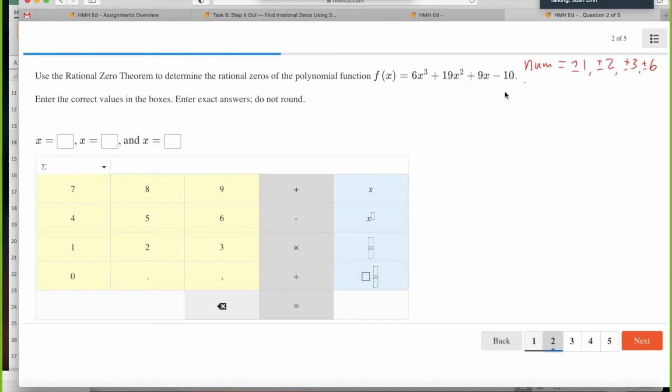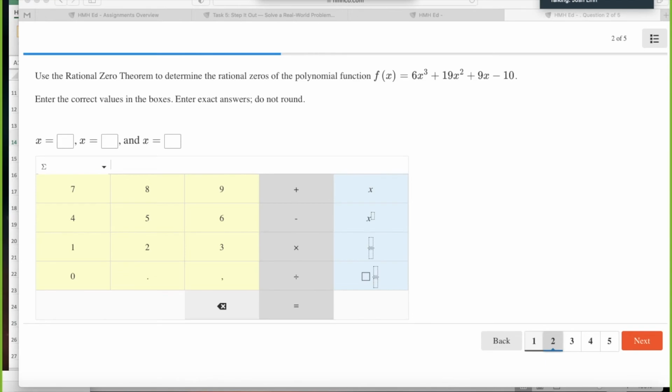Our denominators, plus or minus 1, plus or minus 2, plus or minus 5, plus or minus 10. So it's not terrible. That's the nice part. So all of our zeros are going to be, did I do that right?